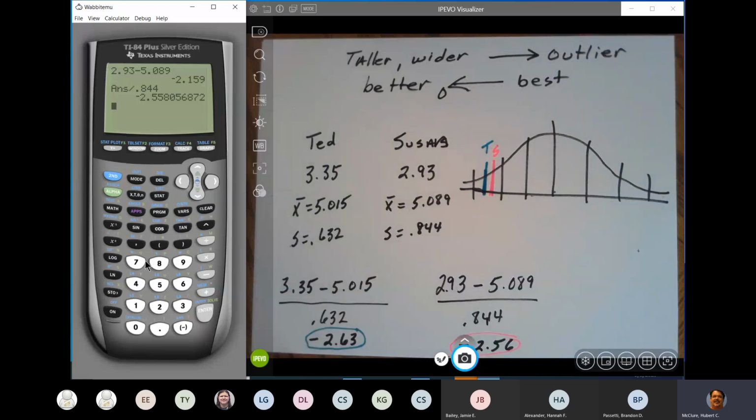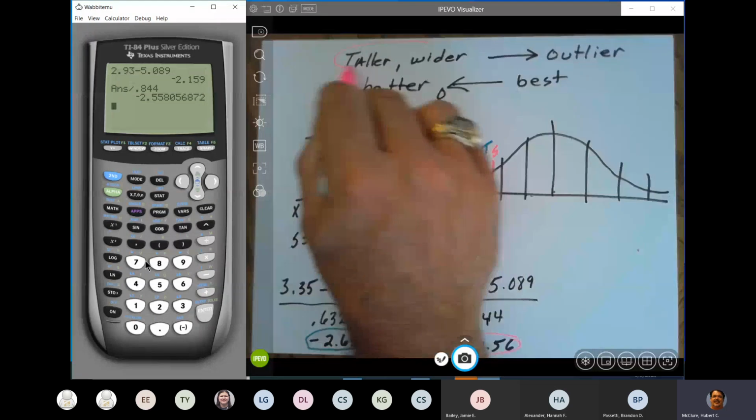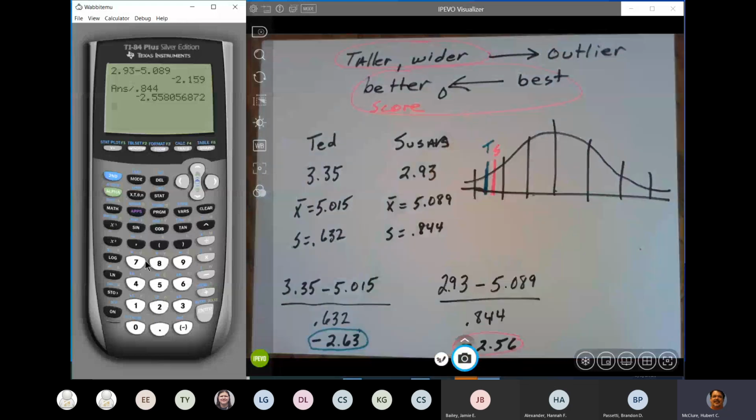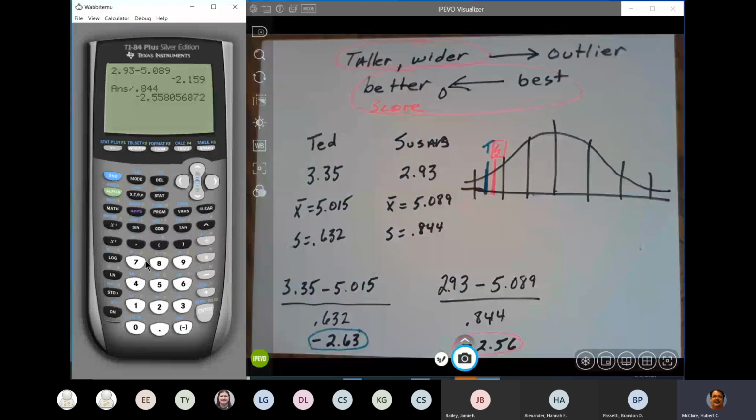We're not asking for the most outlandish, who's taller or wider. The better score is who's closer to 0, which should be Susan. So the answer should be Susan.